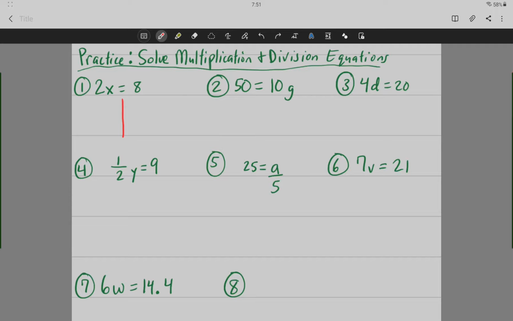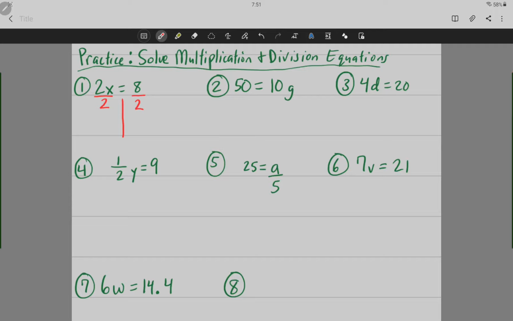So since I see the operation of multiplication, to solve this, I have to do the inverse. I need to do out of this. Again, the reason I'm doing this is to isolate my variable. In other words, to get x by itself.